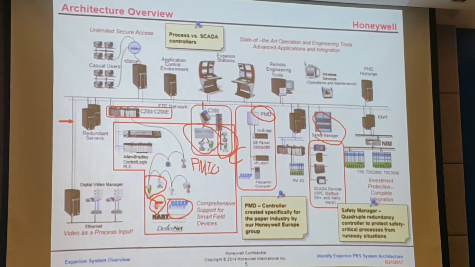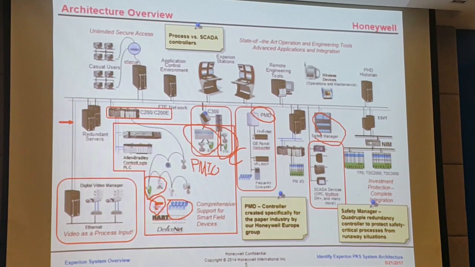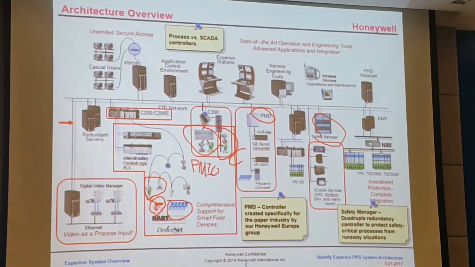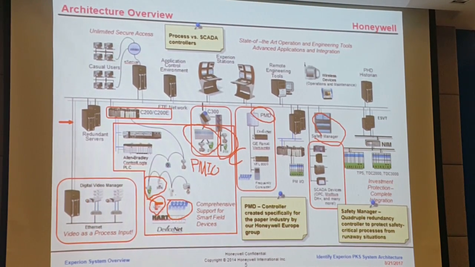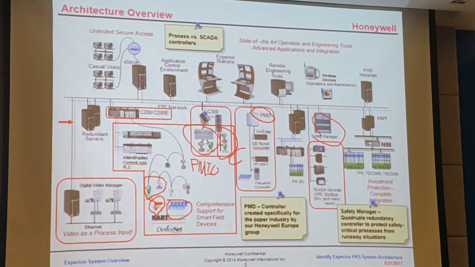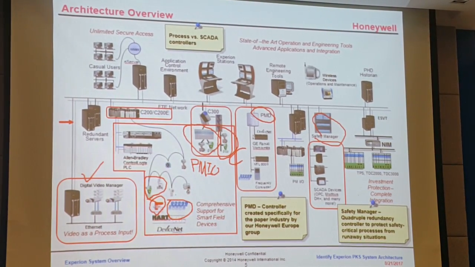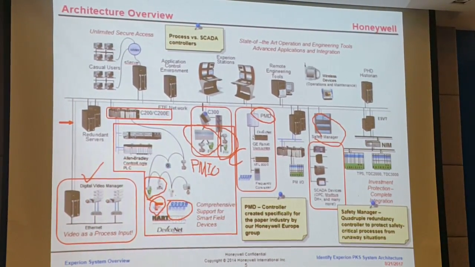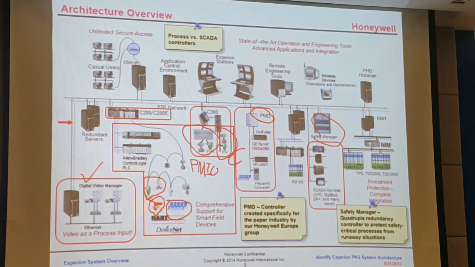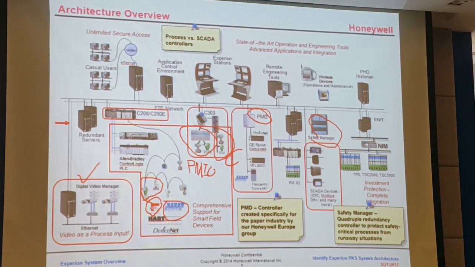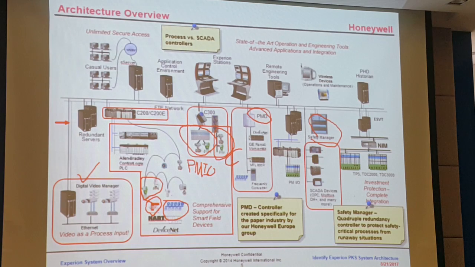Finally, over on the far left, we have something called Digital Video Manager, DVM. This is a piece of software which uses standard network type cameras, and its goal is to supply live video to the redundant server.